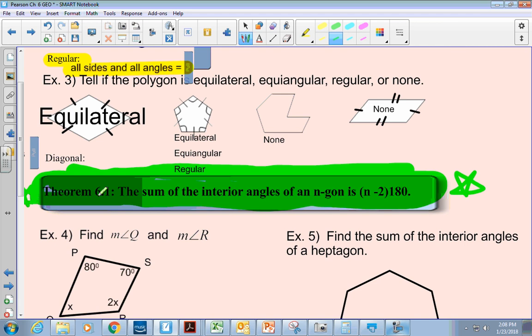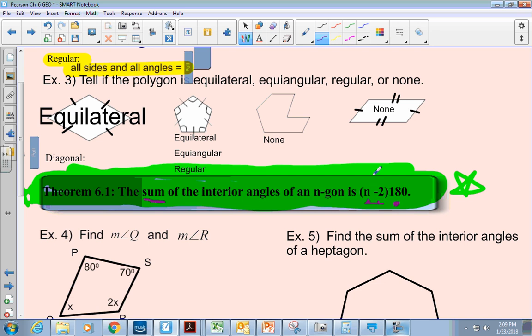Theorem 6.1 says that the sum of the interior angles in any polygon is going to be the number of sides minus 2 times 180.